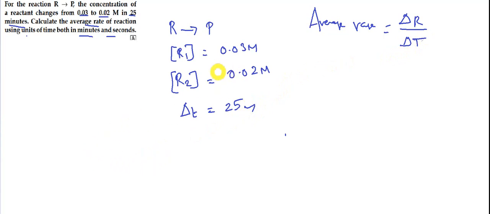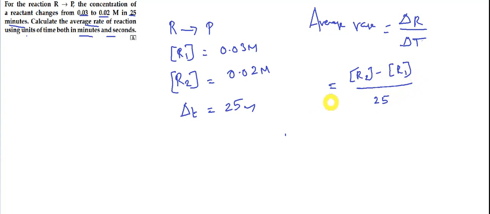So average rate is equal to del R, that is R2 minus R1, the final and initial concentrations, by del T, and we can directly substitute del T as 25 minutes.